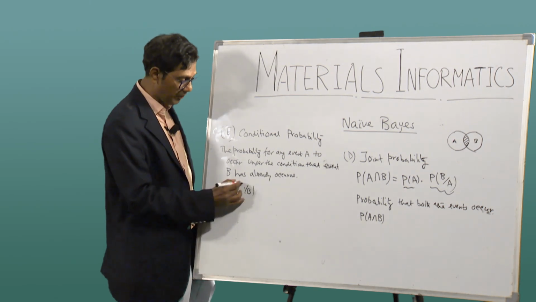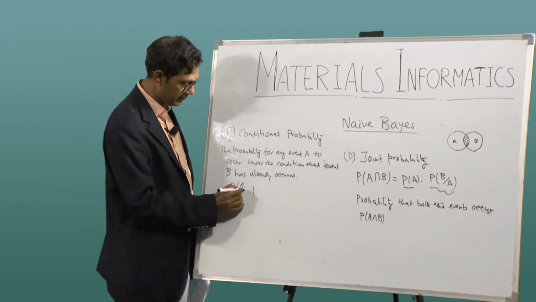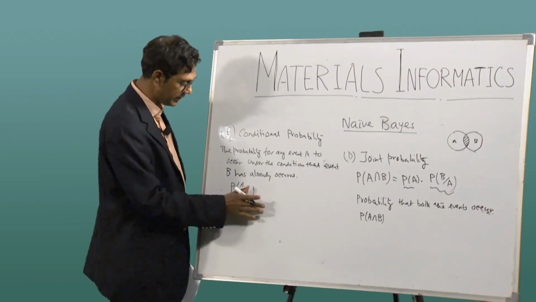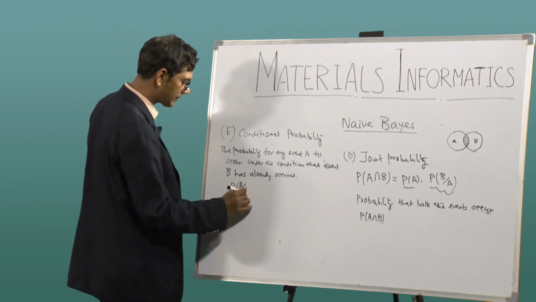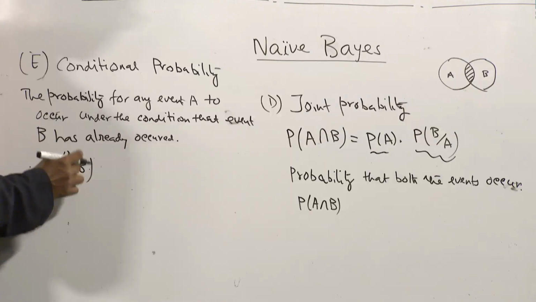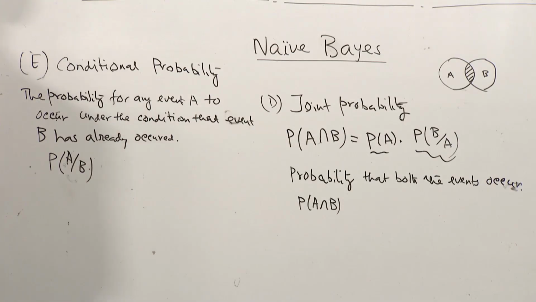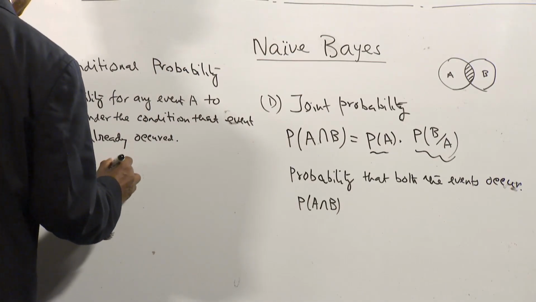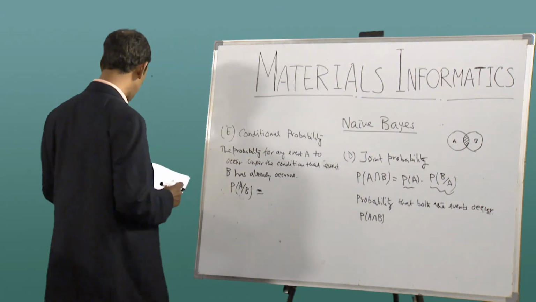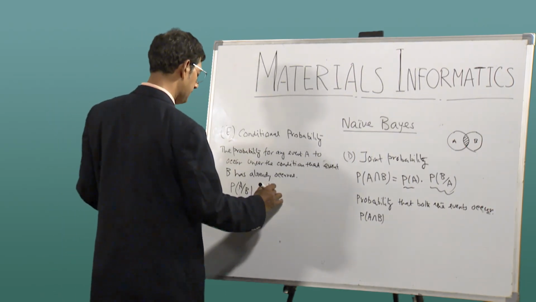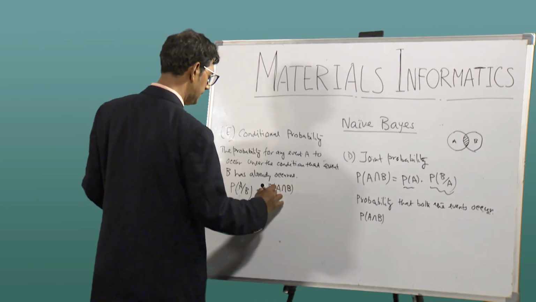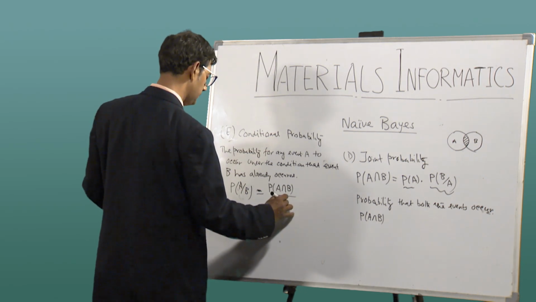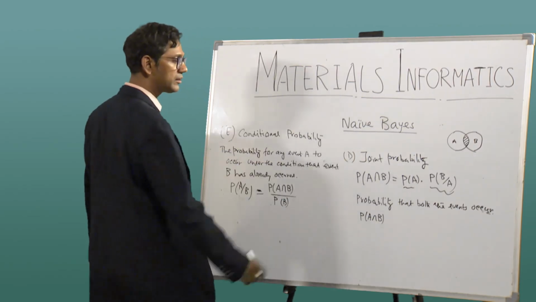Remember this, probability of A, there is a way to write probability of A slash B, when B has already occurred. Now, I am not going into details of probability because this may take a lot of time. This is given as P of A intersection B divided by P of B. That is what it is.